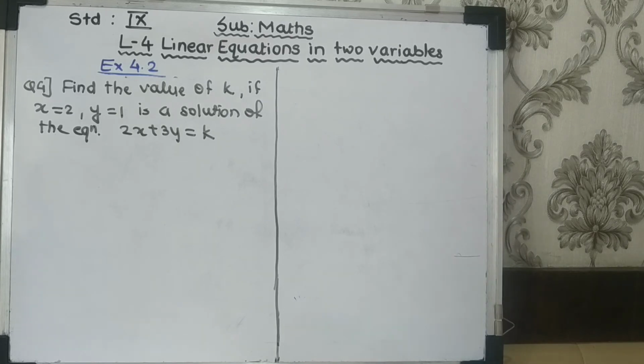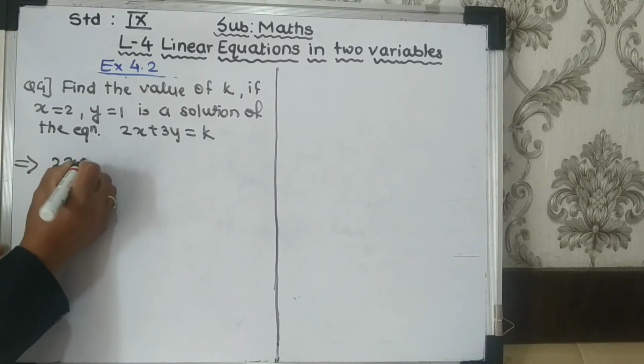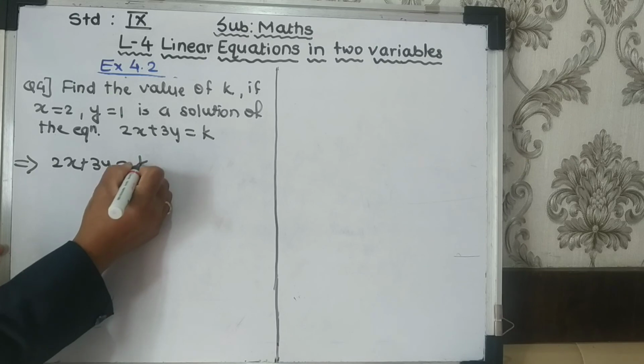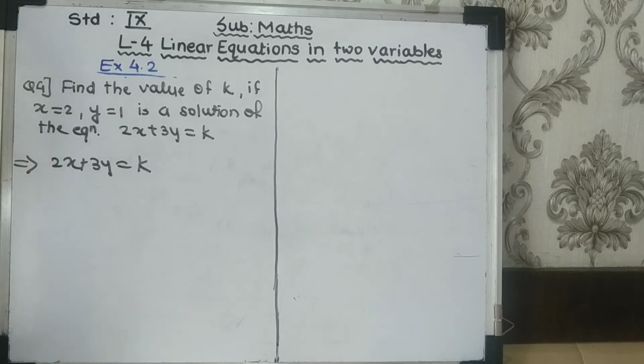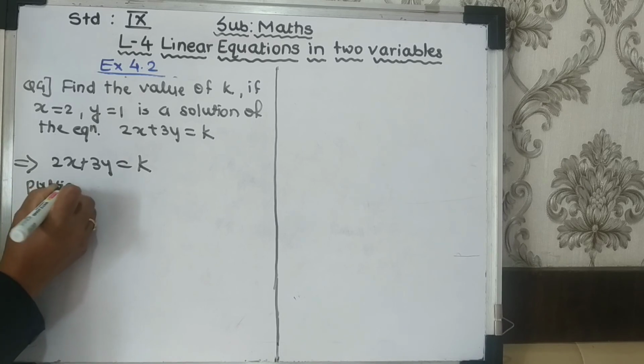Find the value of k if x is equal to 2, y is equal to 1 is the solution of the equation. Means already it is given. Those are the solution of the equation. Right? So that equation is what? 2x plus 3y is equal to k. This is an equation. Here x is equal to 2, putting 1.